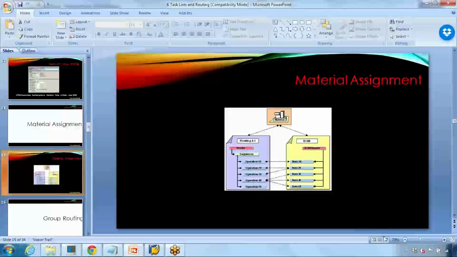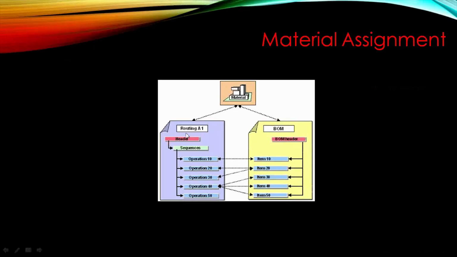So the use here is that, say, you have 5 operations in the routing. So operation number 10, 20, 30, 40, 50. And suppose the bill of material is using, say, 5 components, and these components will be used in different work centers or different operations.